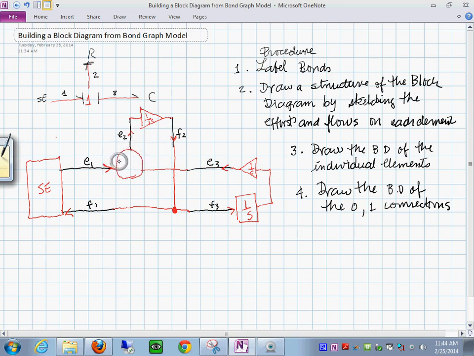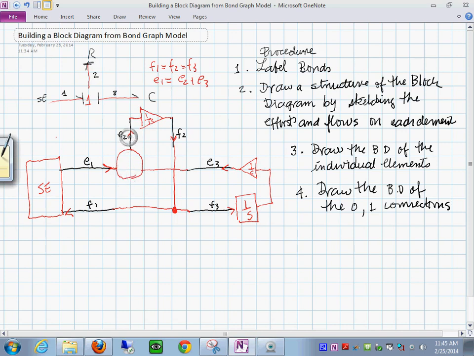The way I would write this equation is that f1 is equal to f sub 2 is equal to f sub 3, but that e1 is equal to e2 plus e sub 3.